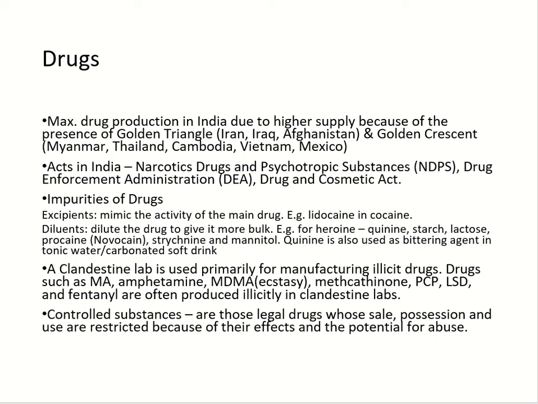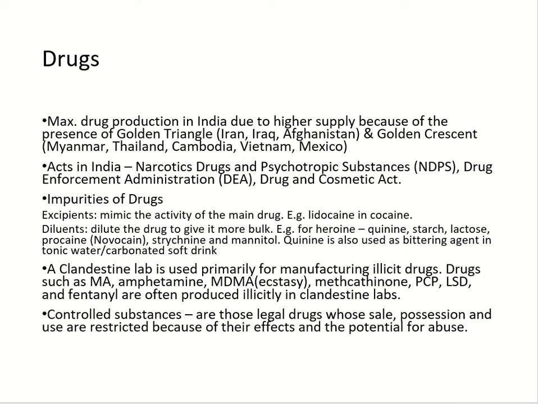There are two types of impurities present in a drug. One is excipients, which mimic the activity of the main drug, for example, lidocaine in cocaine, and diluents, which increase the amount of drug by dilution.